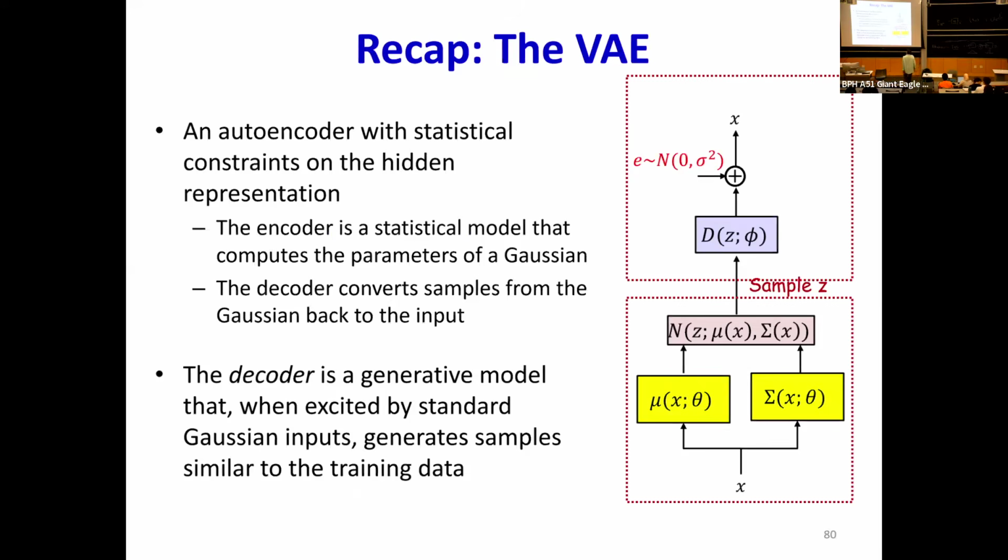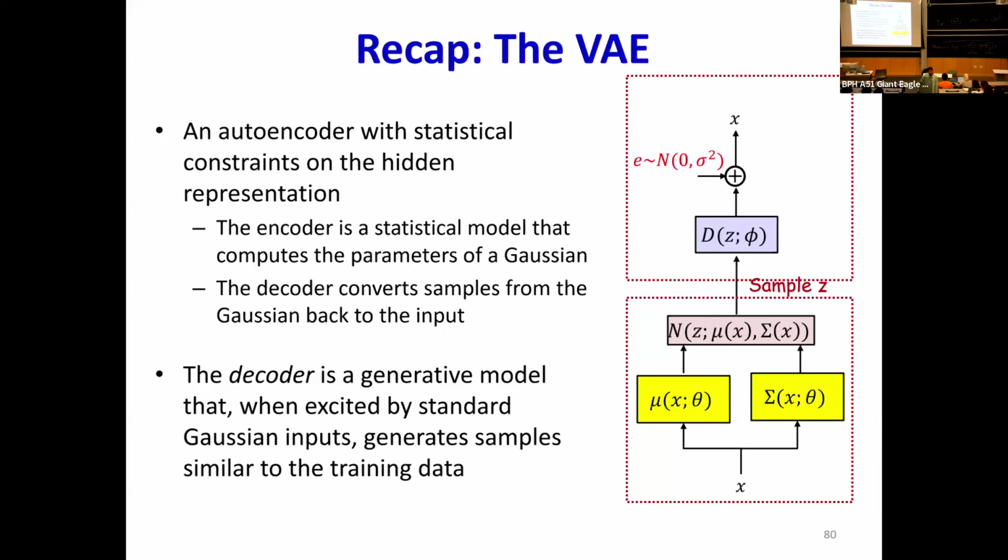So this is the VAE. It's an autoencoder with statistical constraints on the hidden representation. The encoder is a statistical model that computes the parameters of a Gaussian that approximates the posterior probability of z for any given x. The decoder converts samples from this, and we model it as a Gaussian because that's most convenient.